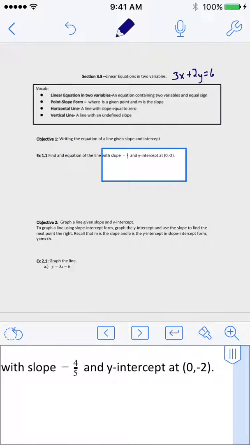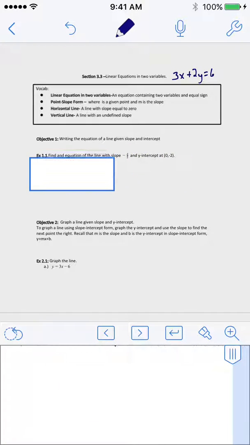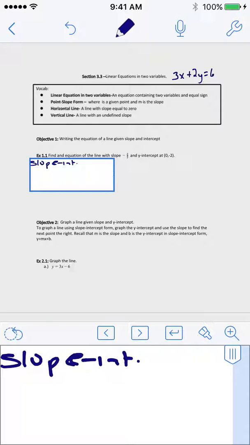So, what is given here? Well, what's given to you is the slope and the y-intercept. And remember, if you're given the slope and the y-intercept, it's so much easier to just use the slope-intercept form, right? The name tells you what is in the equation. So we want to use the slope-intercept form.